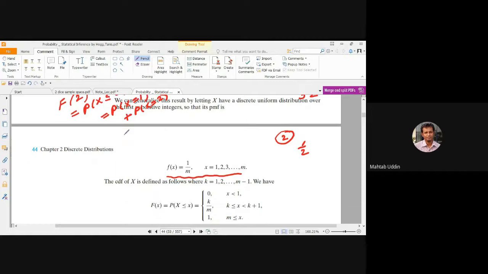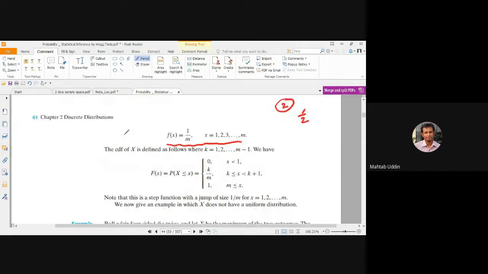Now we want to know the CDF of a uniform distribution. How many outcomes here? 1, 2, 3, 4, 5, 6. You can see the PDF of all of them. What is P of x? All of them have probability 1 by 6.